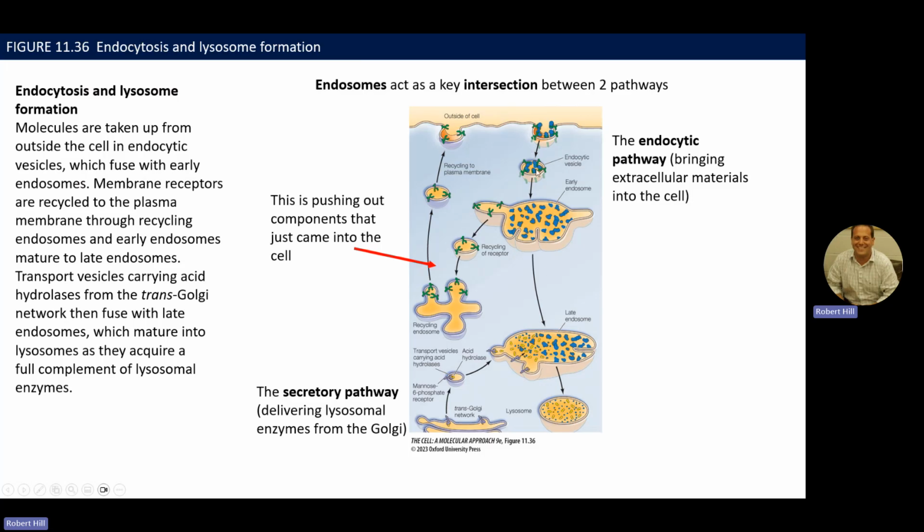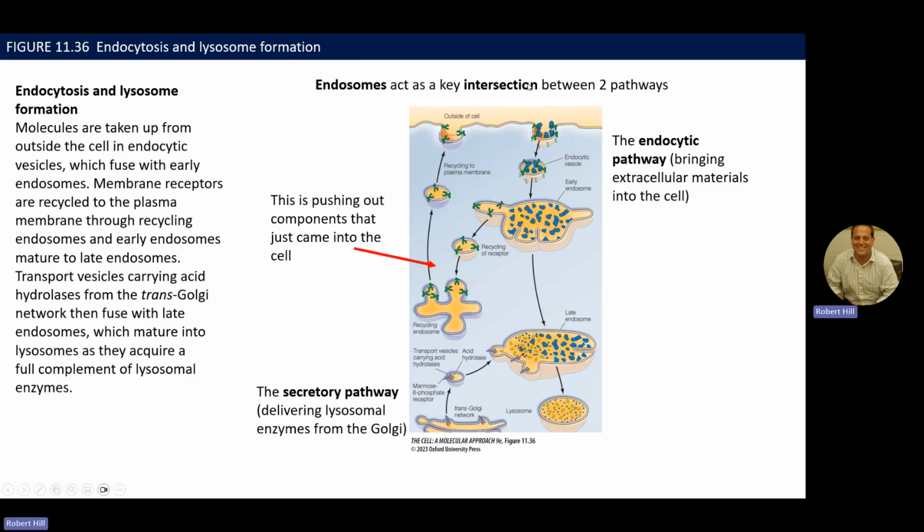So particles come in, they associate with an early endosome, and that endosome, as it gets larger and more complex, accumulating all the hydrolytic enzymes and the particles that it needs to degrade, ultimately becomes a lysosome, in which you have active degradation occurring.